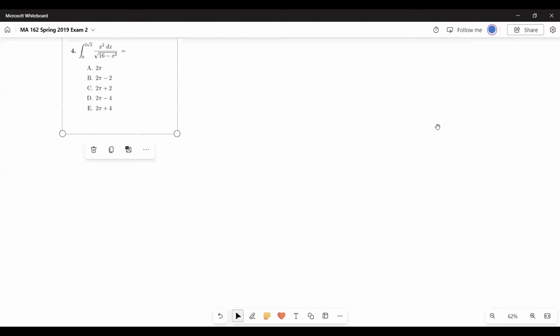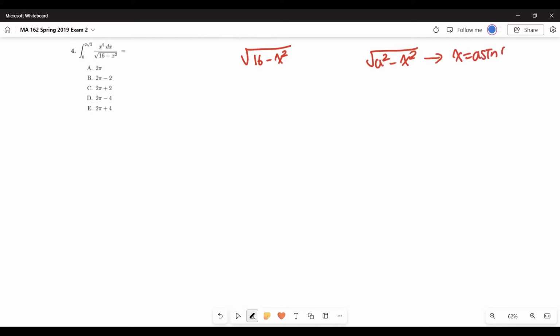Okay, this question asks us to integrate x squared dx over the square root of 16 minus x squared. If you look at the square root of 16 minus x squared, you can remember this is the same thing as the a squared minus x squared form. And when you have this, you put x equals a sine theta.